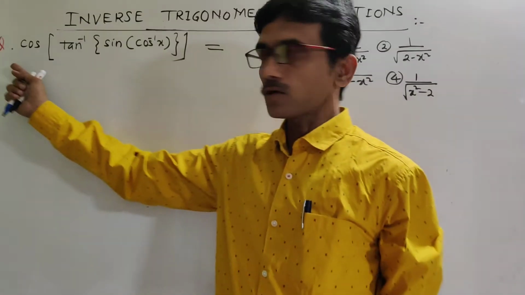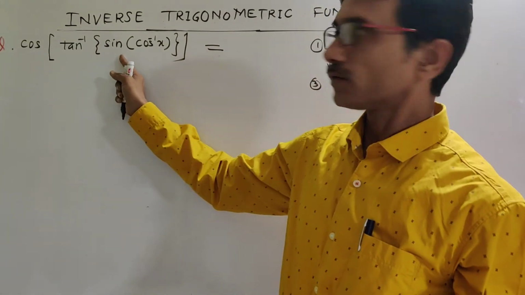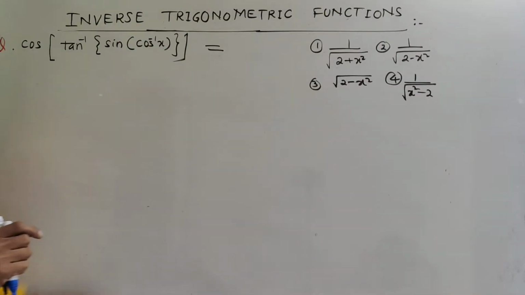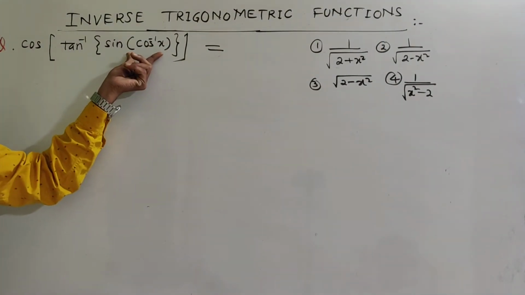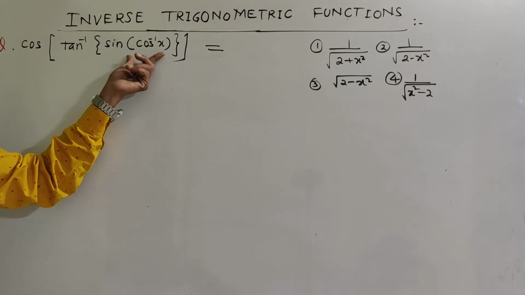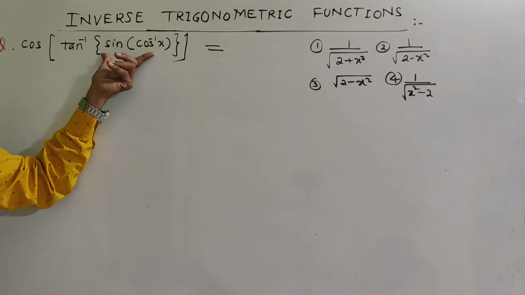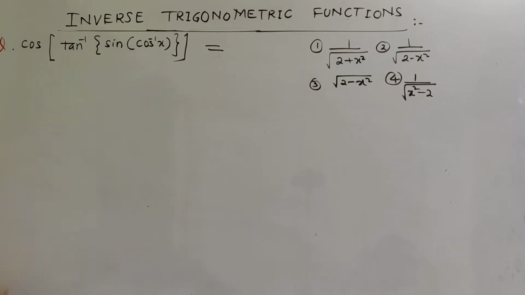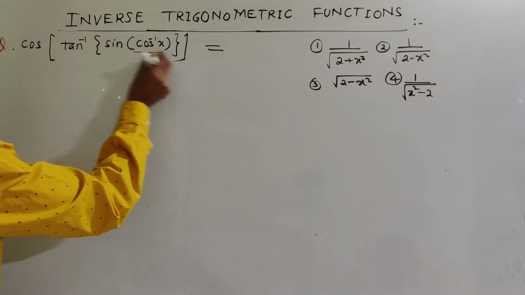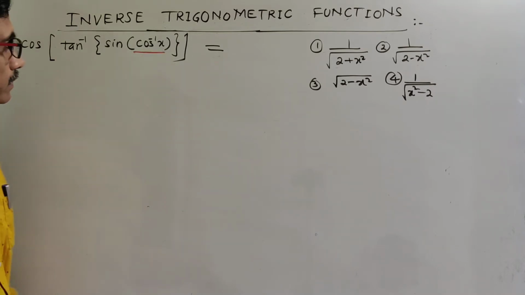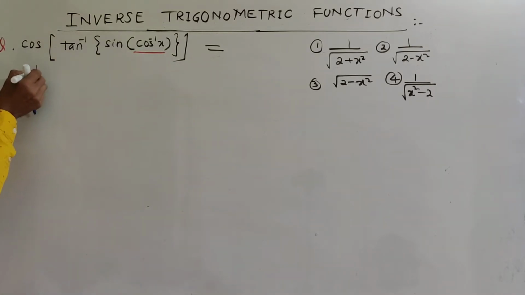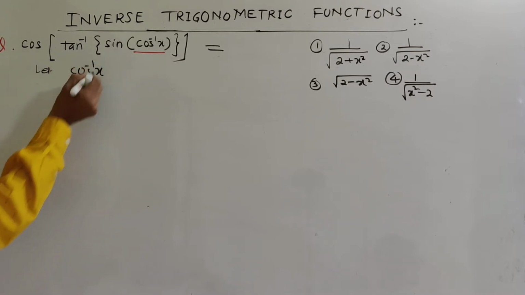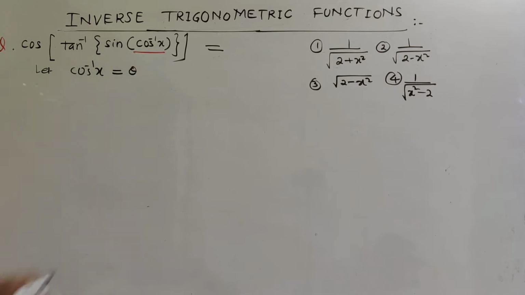The question is: cos of tan inverse of sine of cos inverse of x is what? We start with cos inverse of x. We take theta, then this becomes sine theta. Then we write tan inverse of sine of cos inverse x. So let us begin with cos inverse of x equal to theta.